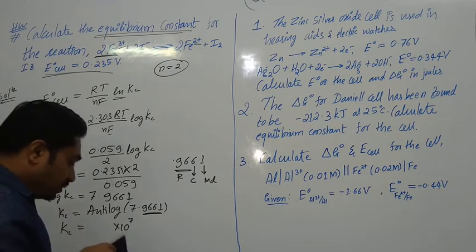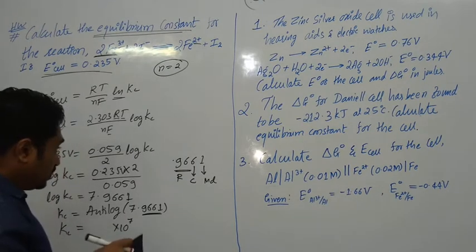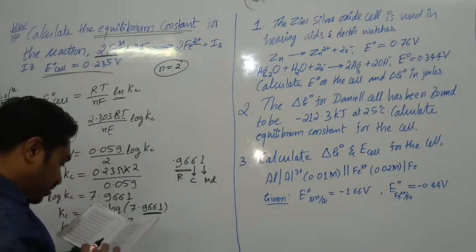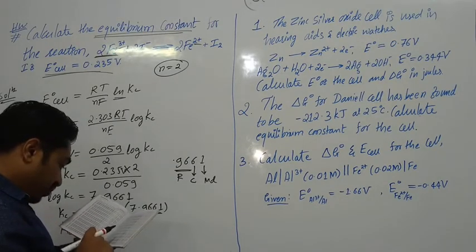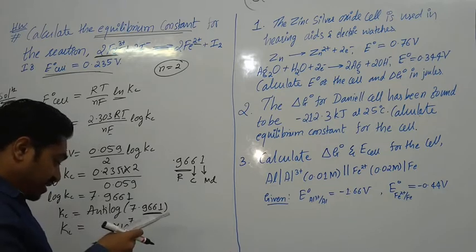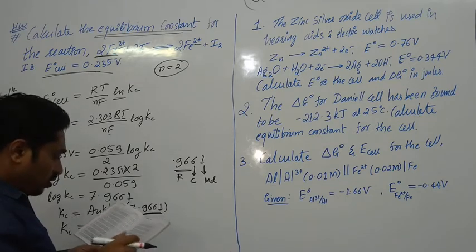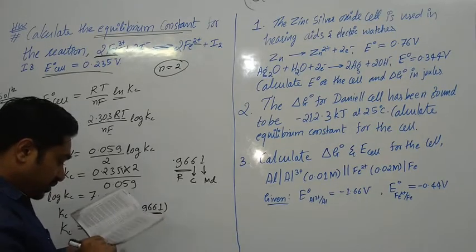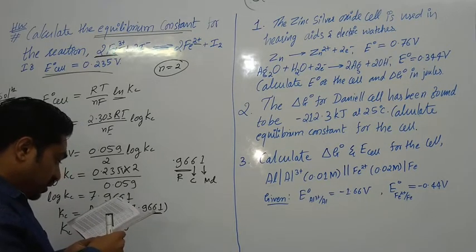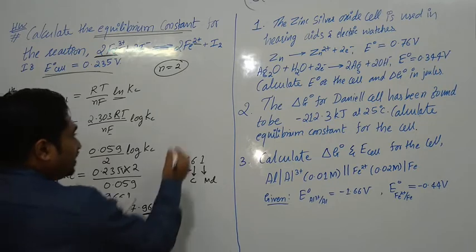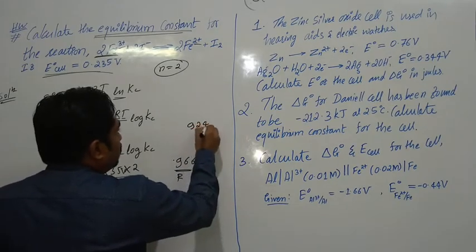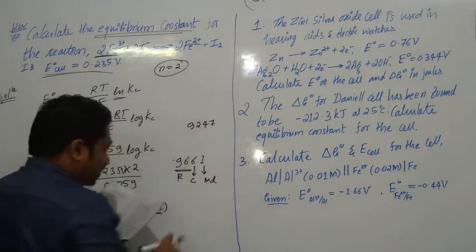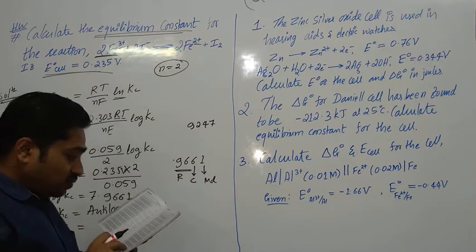The antilog table, 0.96 is somewhere around here, 0.96 and 6th column: 9247. And for mean difference 1, the value is 2.